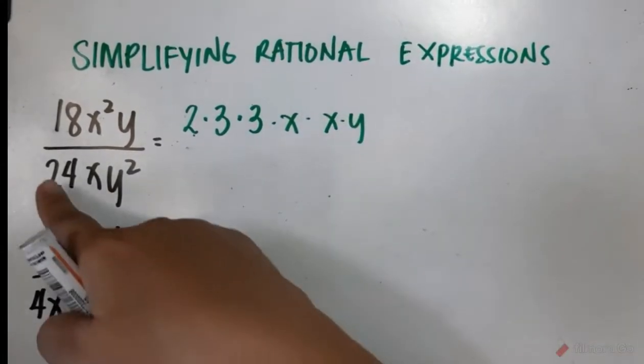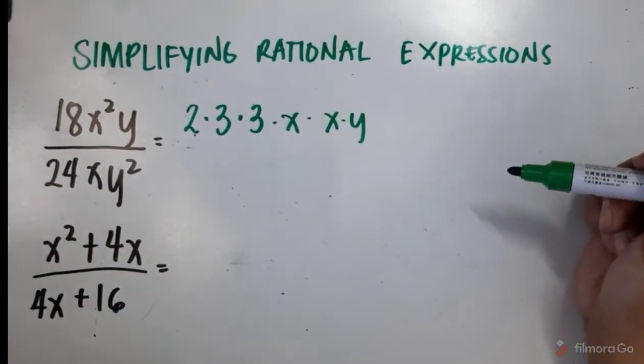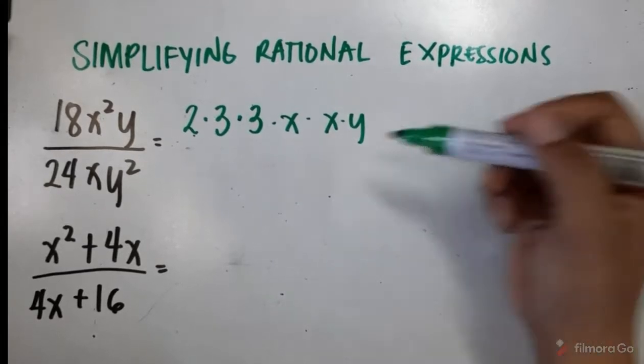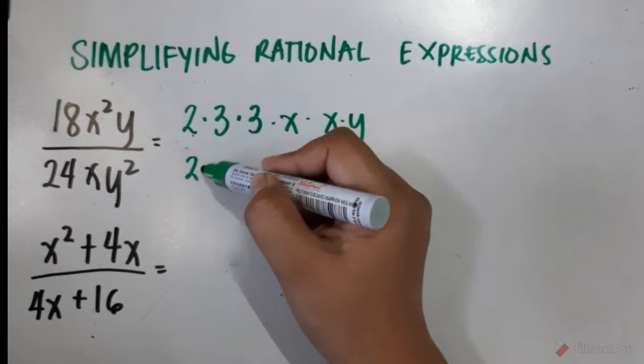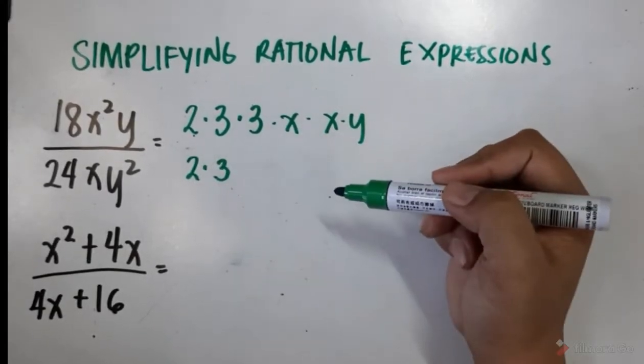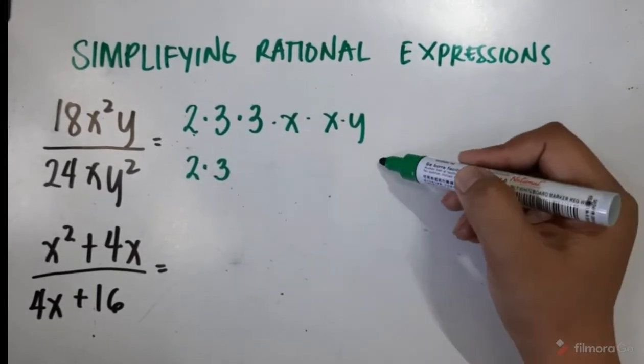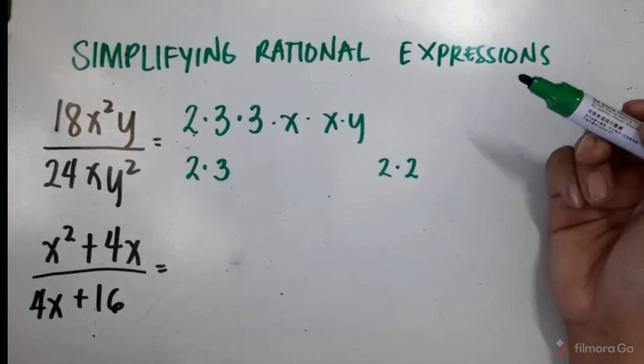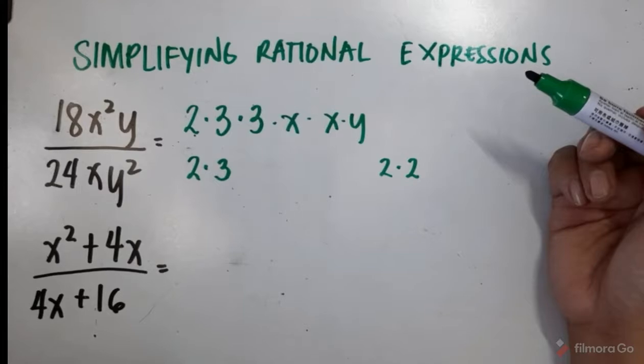Okay. For 24, the factors of 24 are 6 times 4. So we factor first 6, which is 2 times 3. And then the factors of 4 are 2 times 2. Let's put them farther because they don't have a common factor in the numerator.